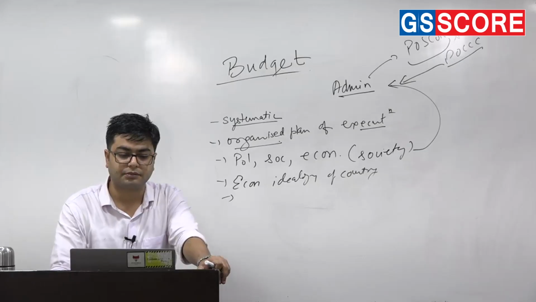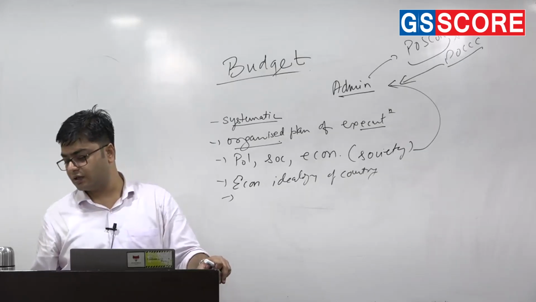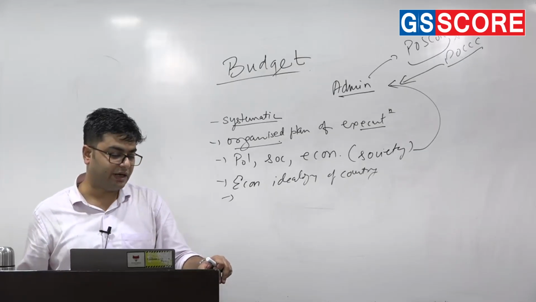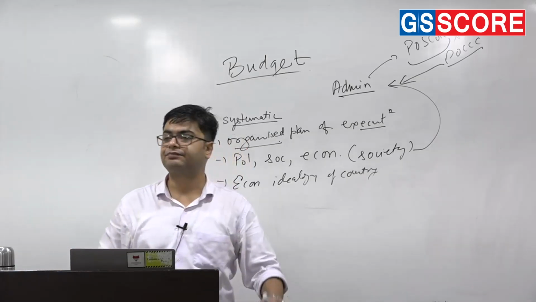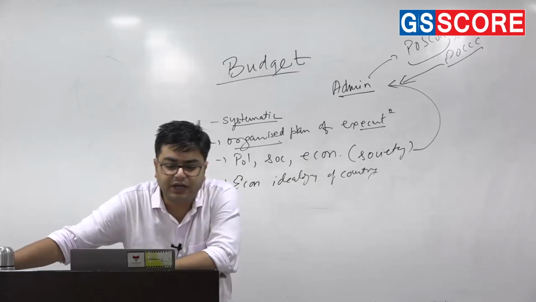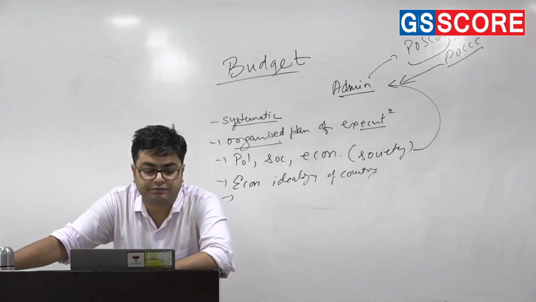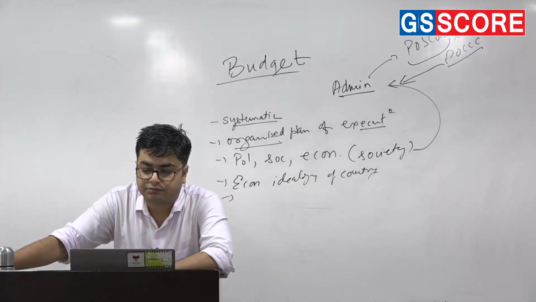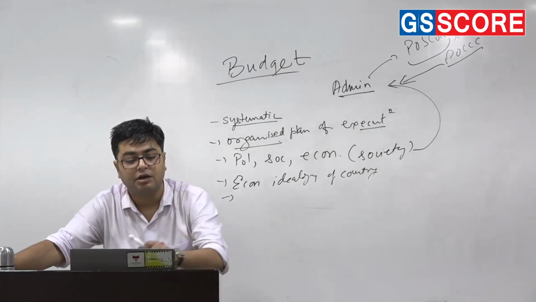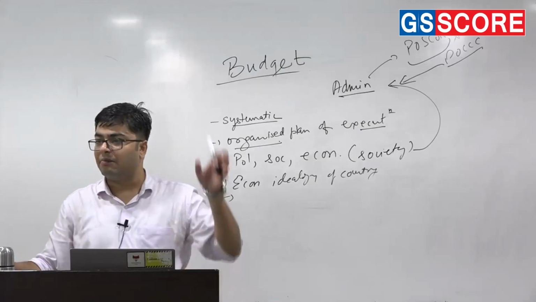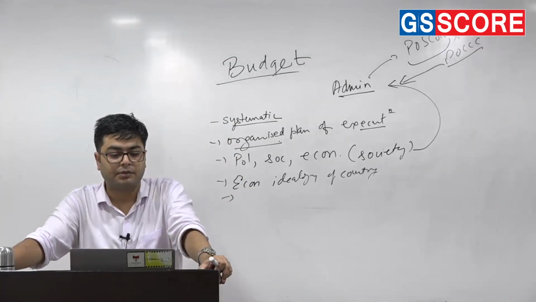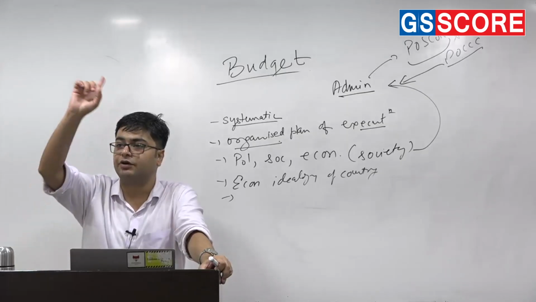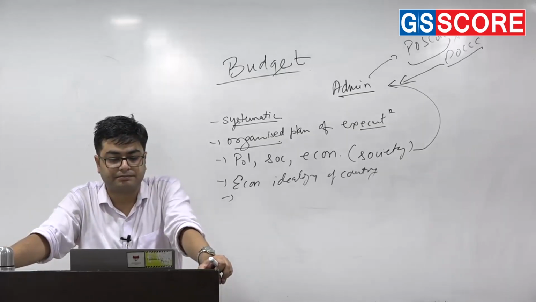Okay. You see, budget is again one of the very powerful tools in the hands of the administration. Why? Because it is a record of the past performance, a method of current control, and a projection for future.